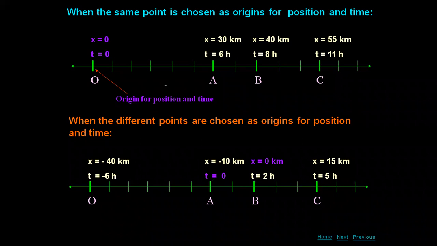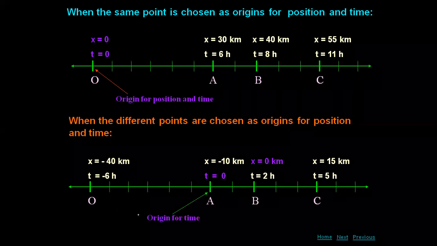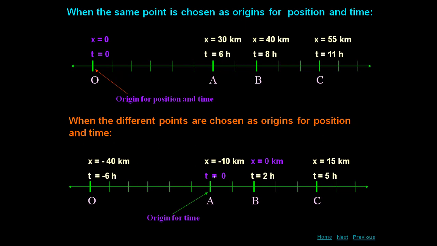So instead of choosing a positive 0, we have taken the reference point on the left hand side of the 0. That is minus 40, a unit away toward the left hand side from the previous origin. So origin for time is t0.